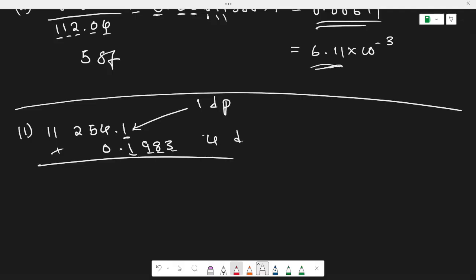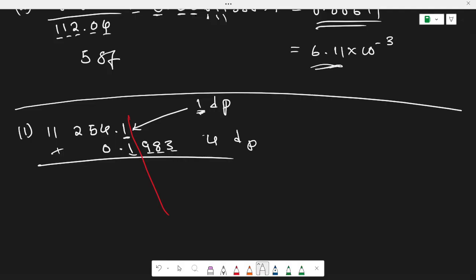Okay. So you get the one with the least. If the least is 1, even your answer should have one decimal place. So when you draw that line, we are saying everything else that is here is useless. It can only be used to maybe increase the answer.